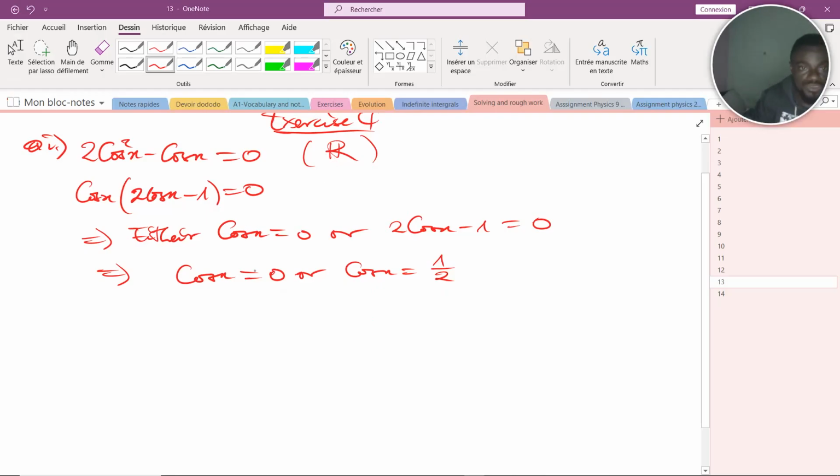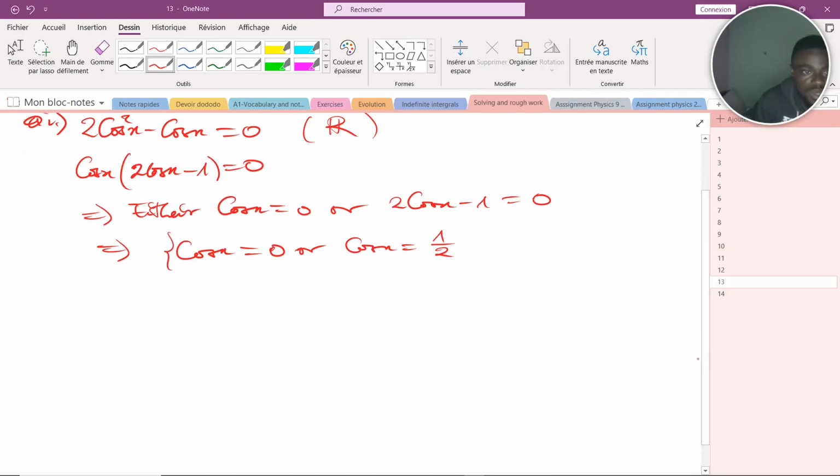So let's proceed. So we have to solve either cos x equals to 0 or this. So let's start by solving cos x being equals to 0.